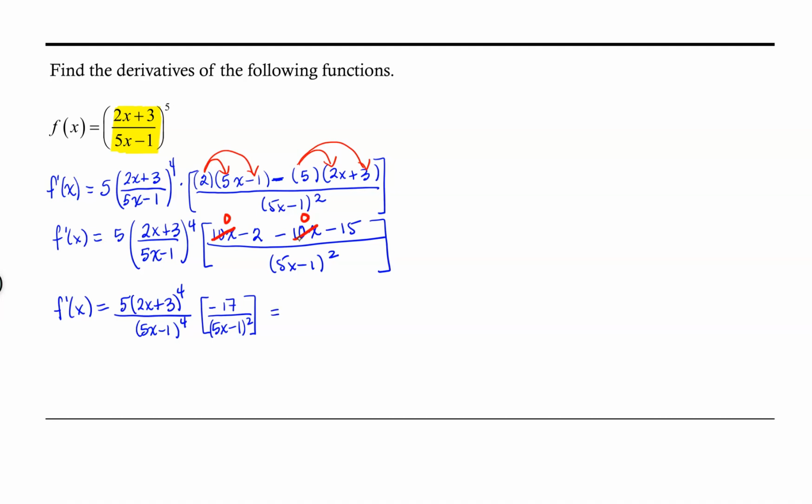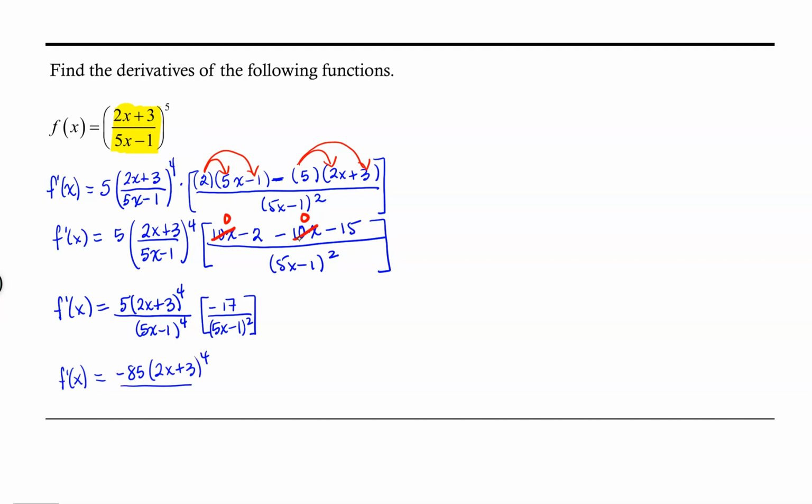Now, we can go ahead and multiply the 5 and the negative 17. So 5 times negative 17 is negative 85 times the quantity (2x plus 3) to the fourth power.